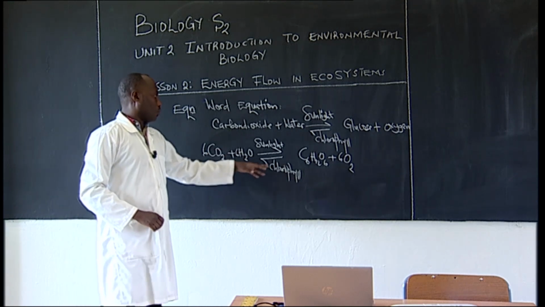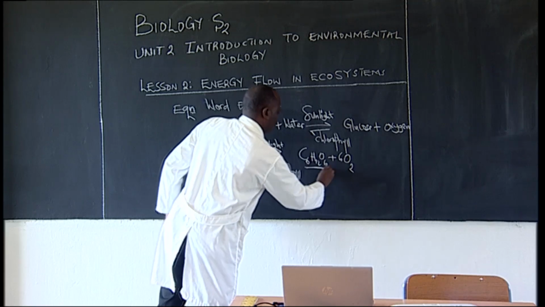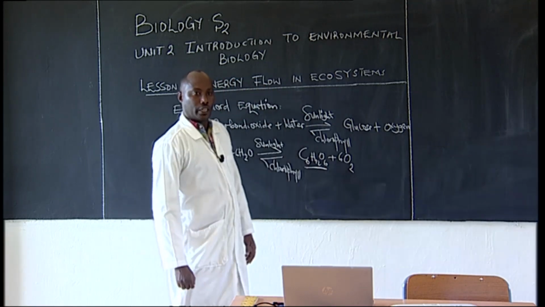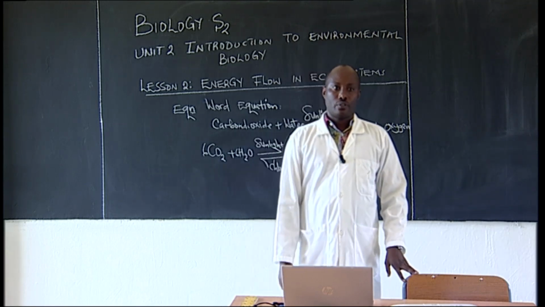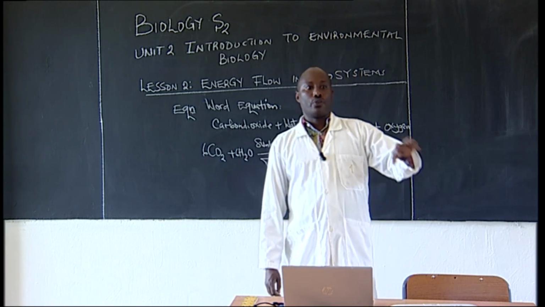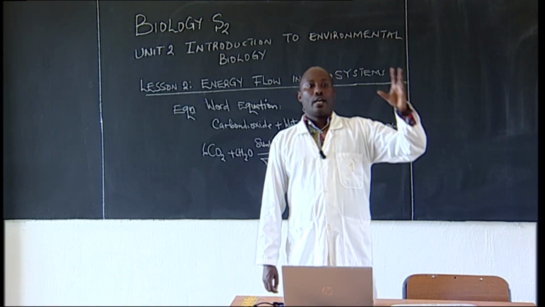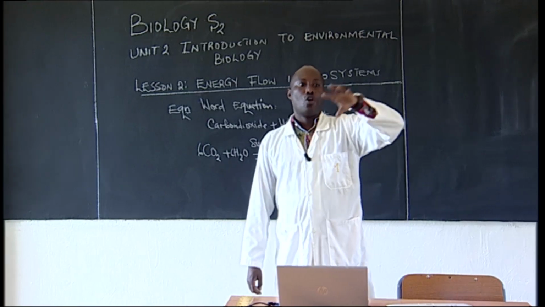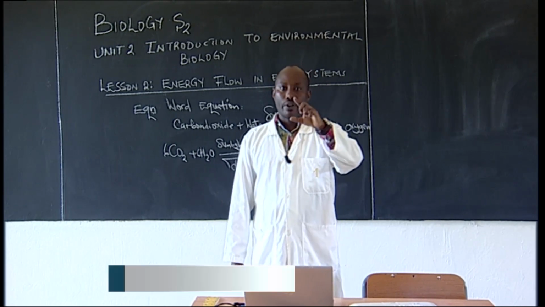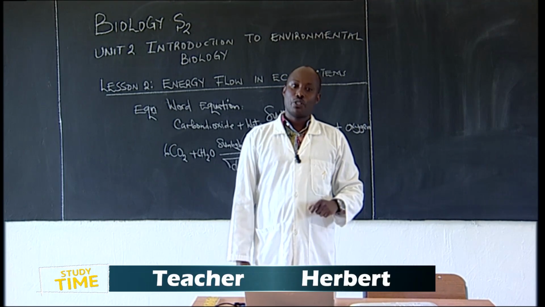How does this happen? The plant is making its own food by the process of photosynthesis. So plants are always referred to as the producers. So for this reason, the plants are referred to as autotrophs, because they are able to make their own food. Are you with me, student?